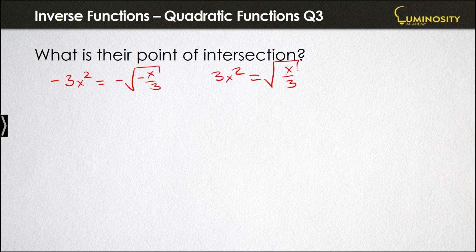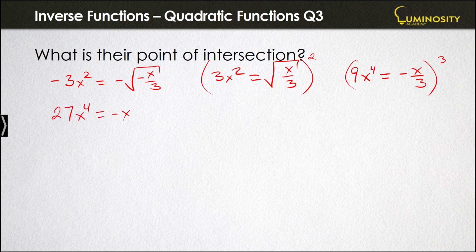I think you can see what we're going to do next. We want to get rid of the square root. So we're going to take this entire thing and we're going to square it. So that means on the left side we now have 9x to the 4 is equal to minus x over 3. So now we're going to take this 3 out and we're going to multiply this all by 3. And we're going to get 27x to the 4 equals minus x.